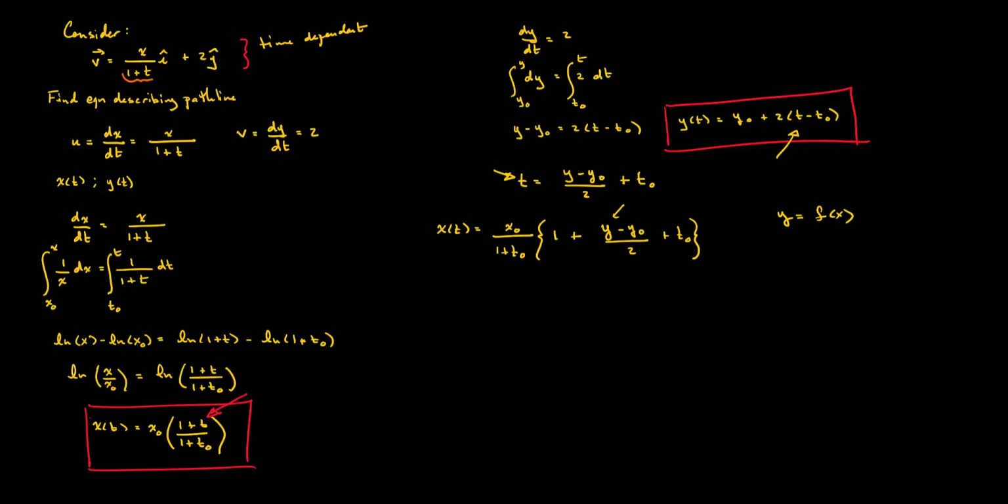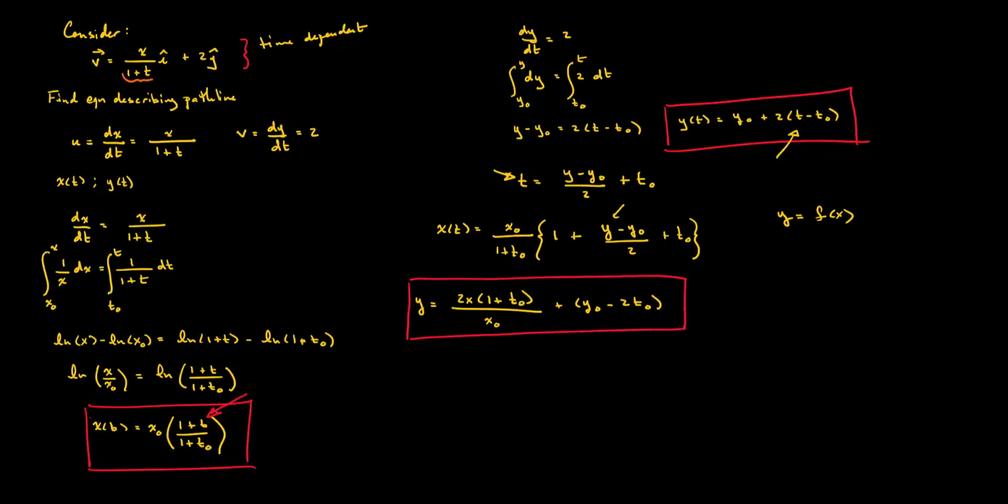So we find that y is equal to 2x times 1 plus t naught divided by x naught, plus y naught minus 2 t naught. So this is the path traced out by a particle which has passed through x naught, y naught.